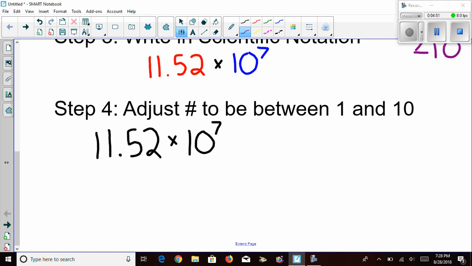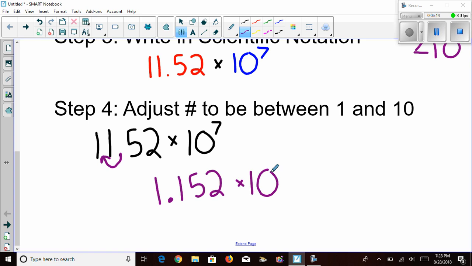So I need to grab my decimal and move it one space to the left to now have 1.152 times 10. And now I need to talk to you about what happens with the exponent.